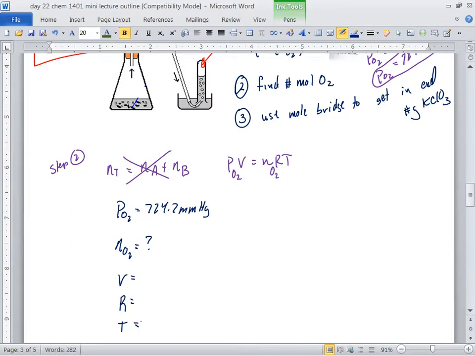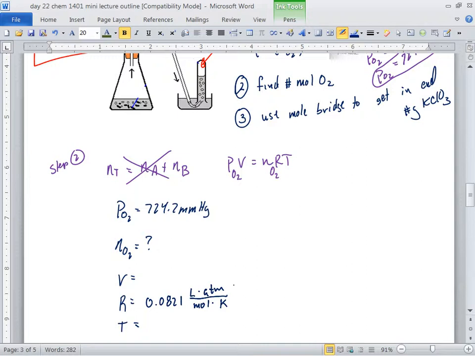Let's write down R first, right? R was what again? 0.0821. Yeah, what were the units though? Liters atmospheres over moles times kelvins. I like to write it first because then it reminds me what all the units have to be in.